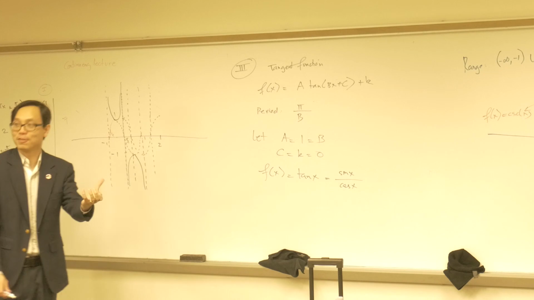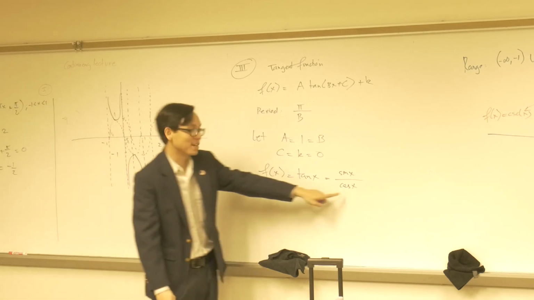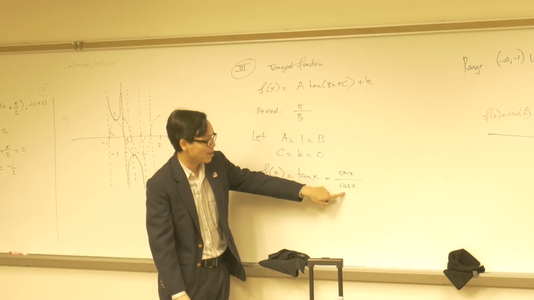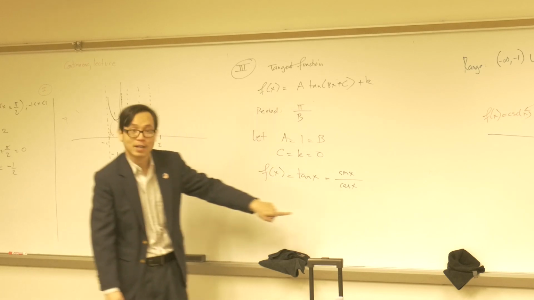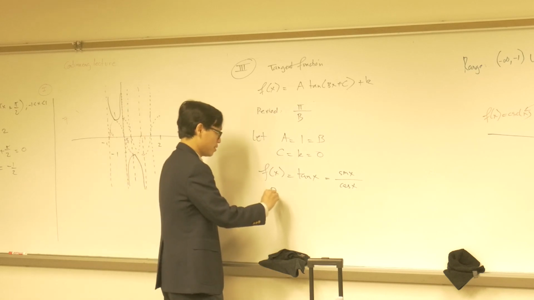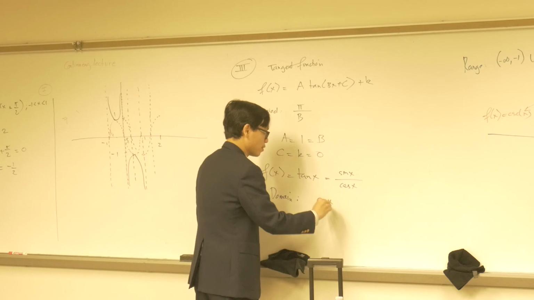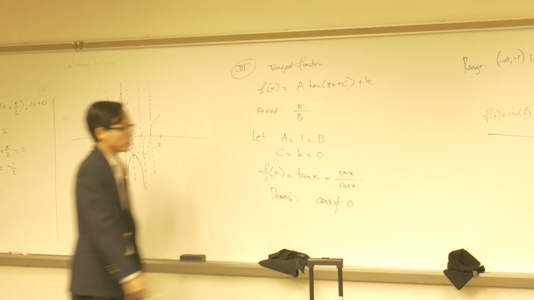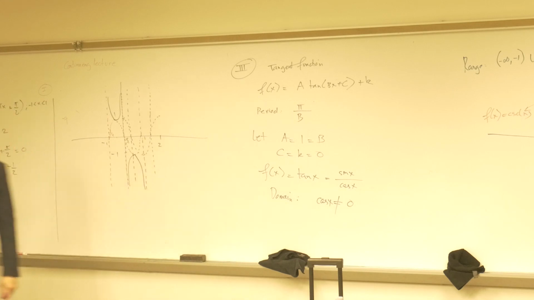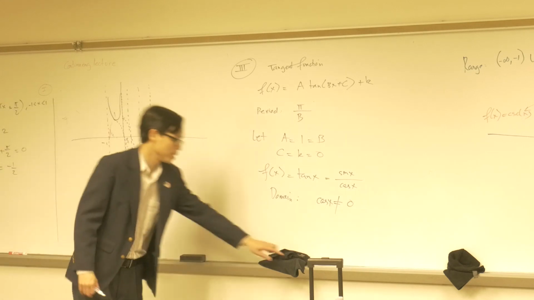It must be everything except the values that make the denominator turn out to be 0. So the domain will be everything except where cosine equals 0. In other words, cosine must be different from 0, because if cosine equals 0, it's undefined.